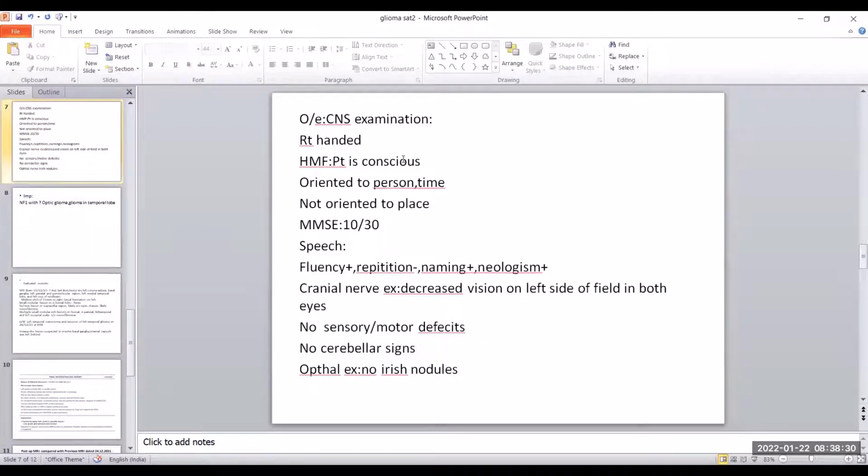MMSE is 10/30, which is poor cognitive function. In speech, fluency is preserved and there is no repetition. Naming is present, and there are neologisms. On cranial nerve examination, she has decreased vision on the left side of the visual field in both eyes. There are no sensory, motor or cerebellar deficits. On ophthalmic examination, there are no iris nodules.